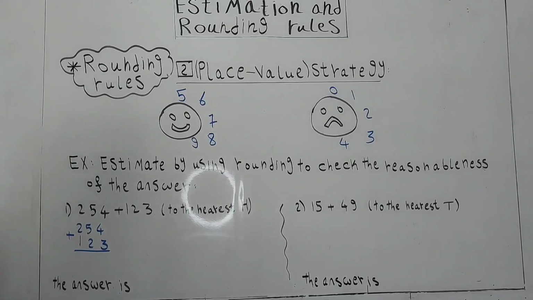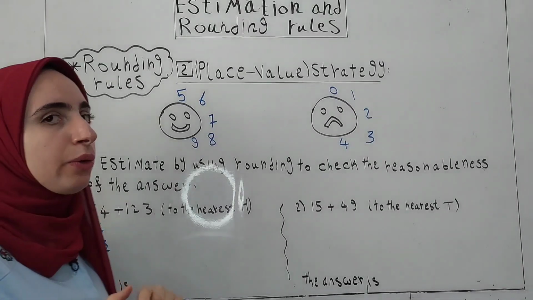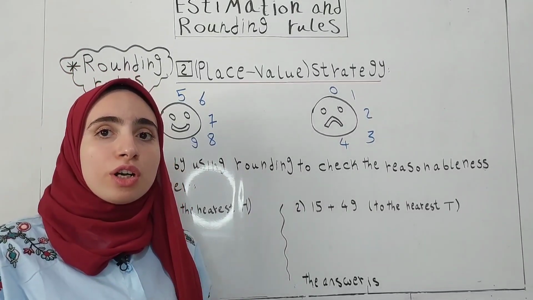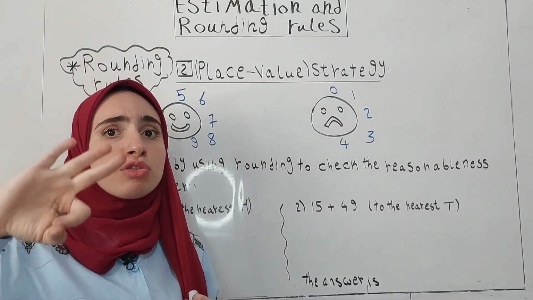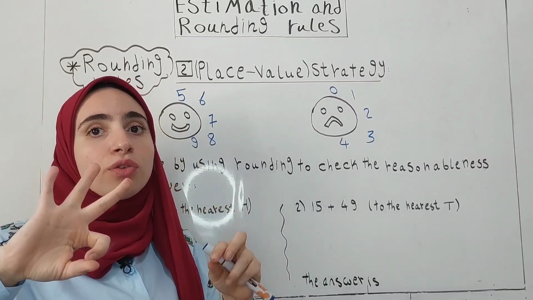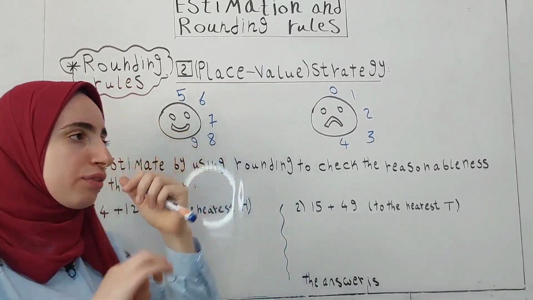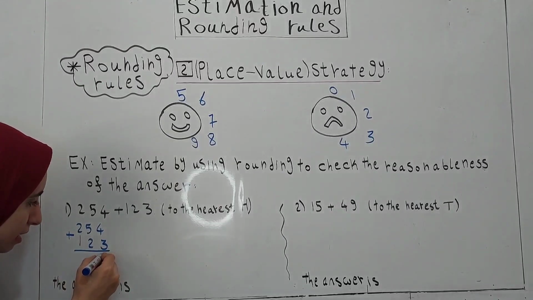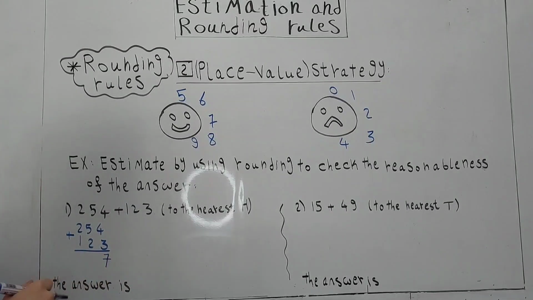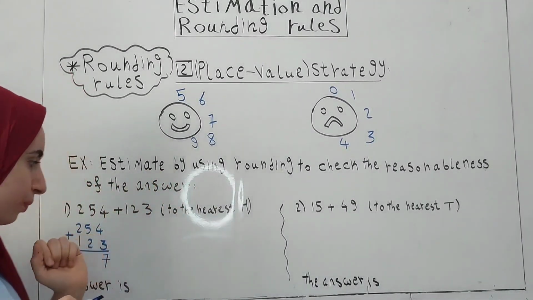We start from the ones place. 4 plus 3. 4 plus 3 equals what? We put 4 in your mind and put 3 in your hand. After 4, 5, 6, 7. So it equals 7.